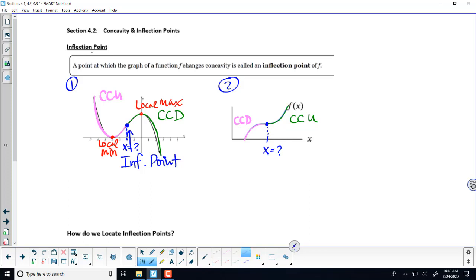This is a place on the graph where the first derivative is 0, so we do have a critical point there, but we do not have a local max or min. So how do we go about finding those inflection points?